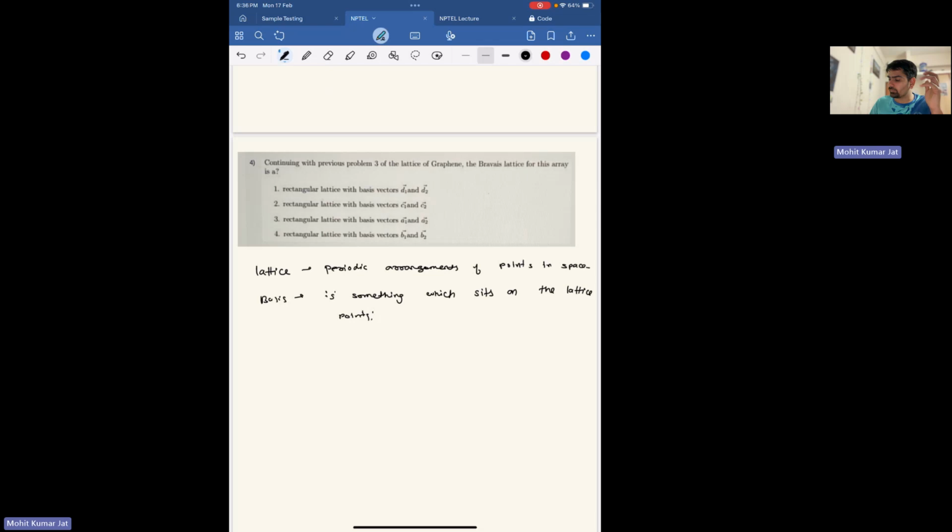It can be an atom, molecule, or an object. It can be anything. If one combines lattice plus basis, that gives the crystal structure.